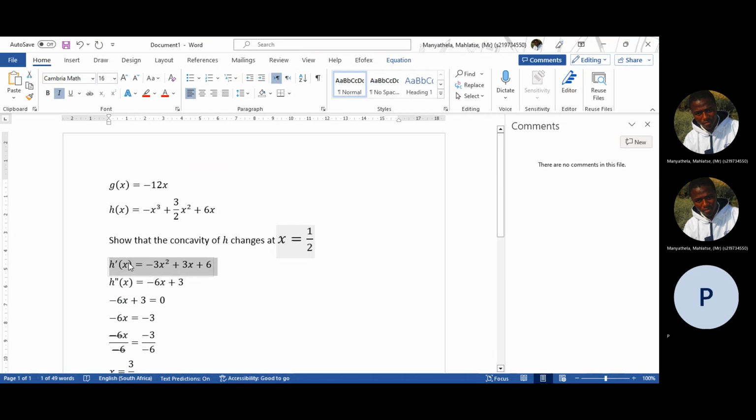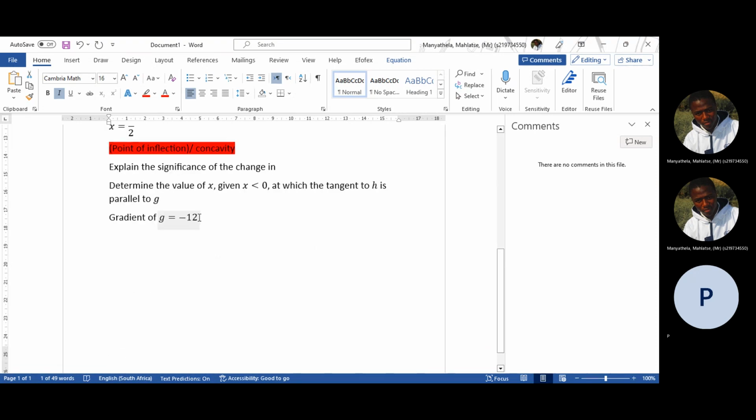I told you that when you derive a function, you're simply calculating the gradient of that function. The gradient of this function will be equal to negative 12.